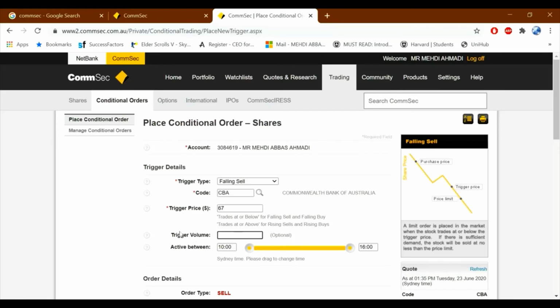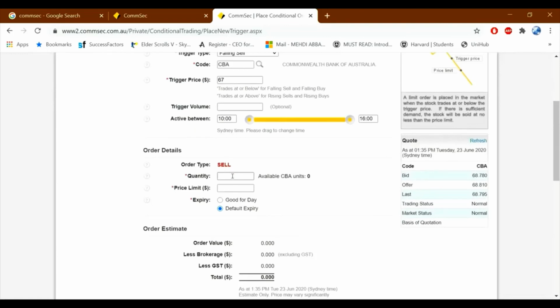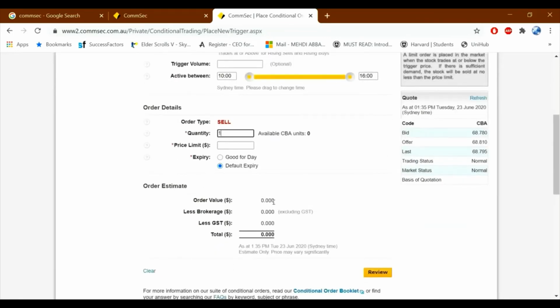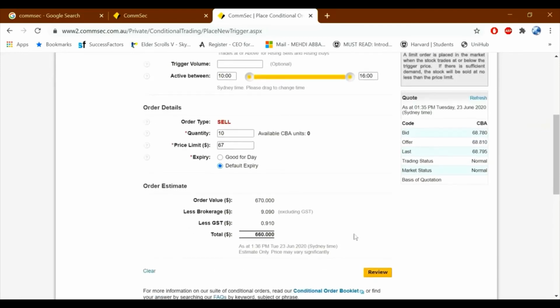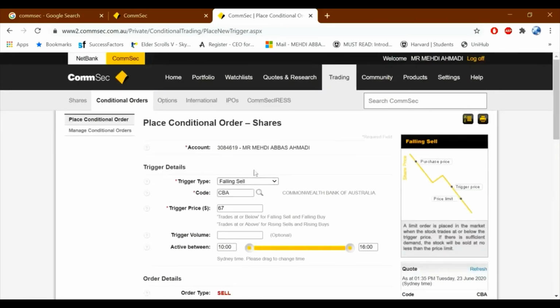You can also choose it with volume, which is optional, but it's better to do it with a trigger price. Then you choose how many shares to sell at that price, so let's say 10 shares at $66. If the price falls to 67, you sell, then you preview and put up the order.